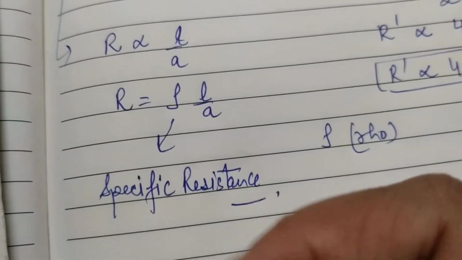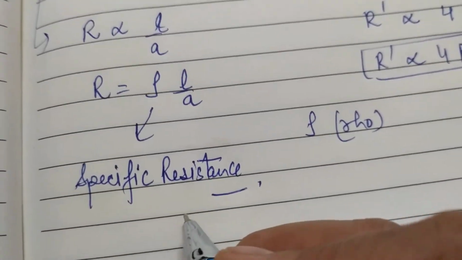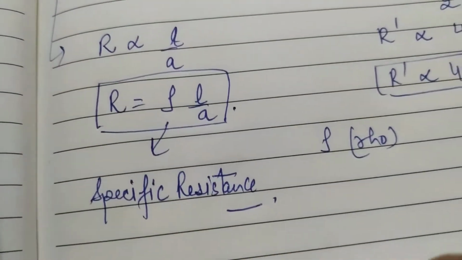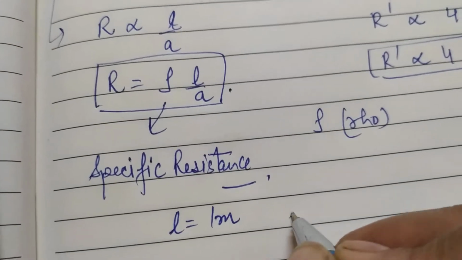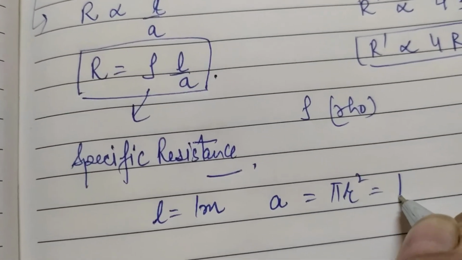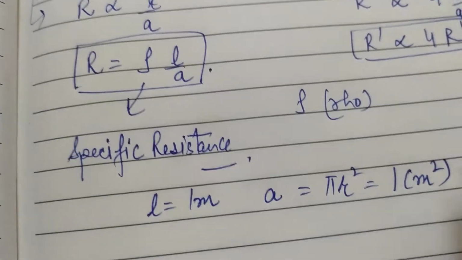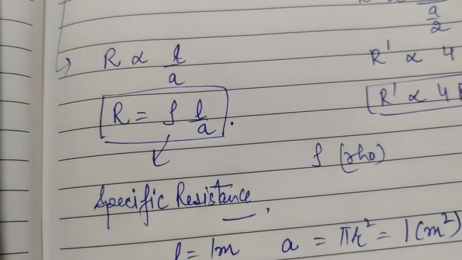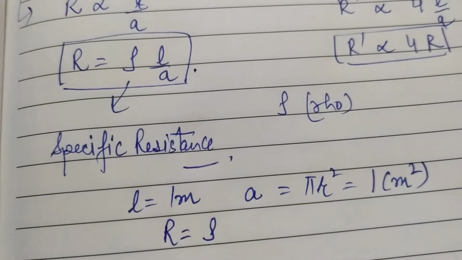Right. So what is specific resistance? I can say that specific resistance can be defined from this relation. If I substitute the length of the wire as 1 meter and the area of cross section pi r square as 1 meter square in SI, then the resistance R will numerically come equal to rho.